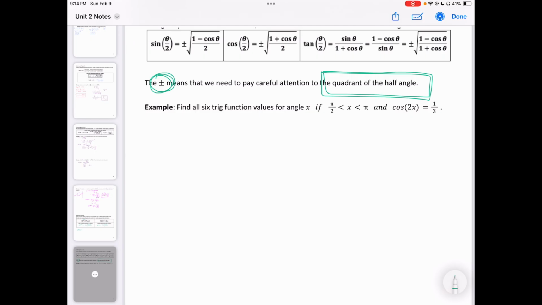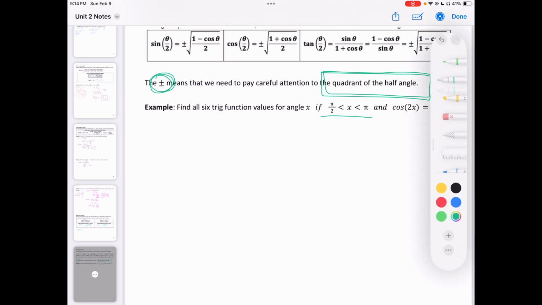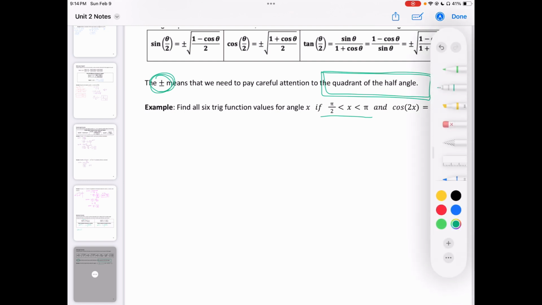Now, we want to find all 6 values of angle x if we're being told that it's in this interval and cosine of 2x is a third. The first thing that you need to do is look at the interval. It's saying that the interval is for angle x, which it is. It also says that right here. If you want the interval for 2x, you need to multiply it by 2.